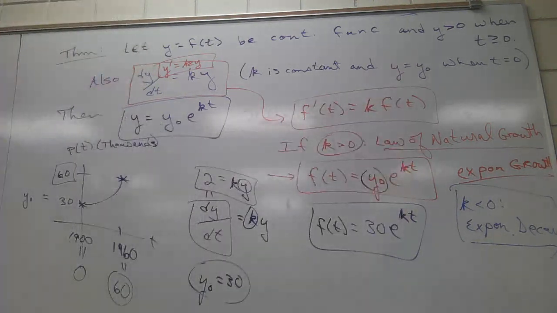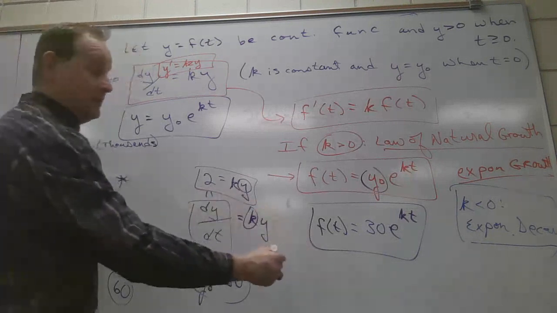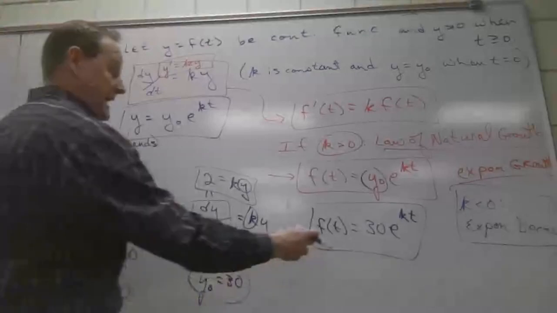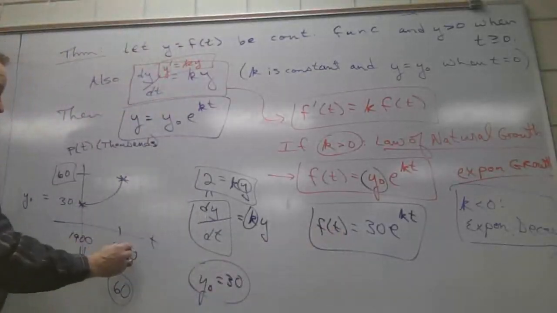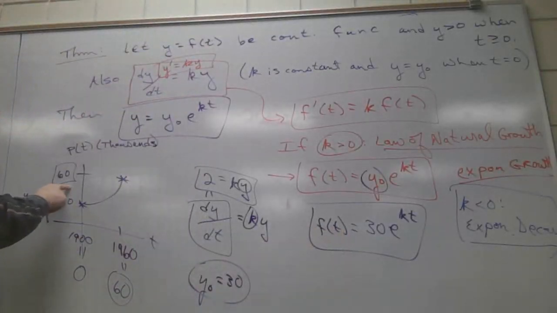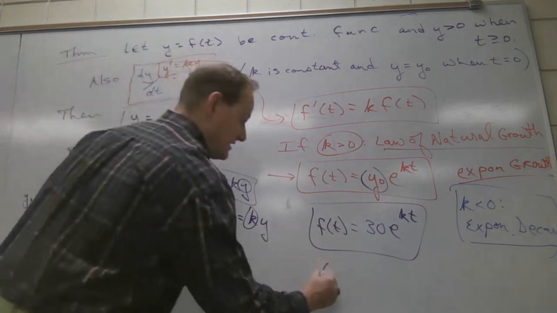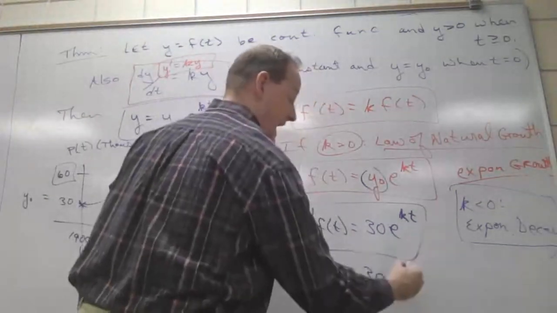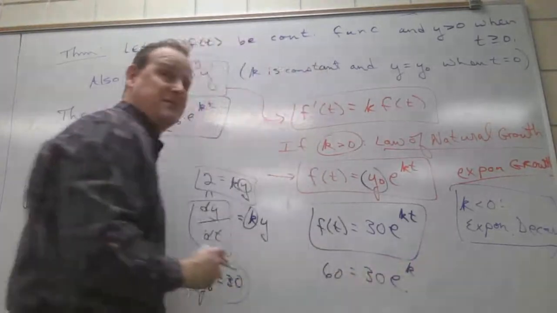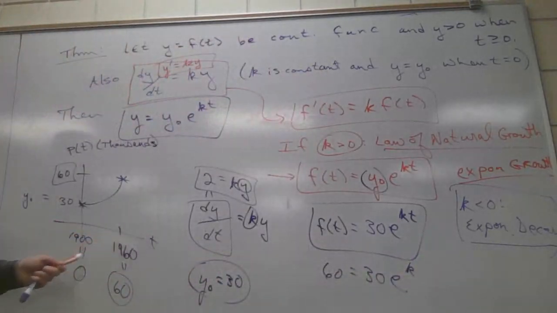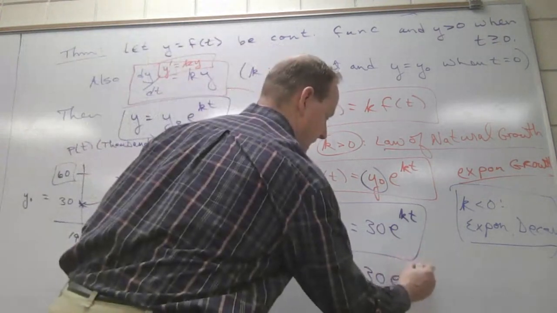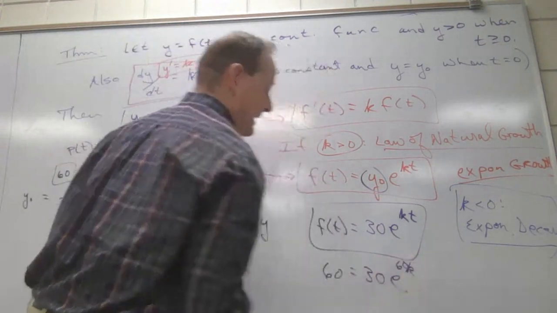So we need to figure out k. F evaluated after 60 years was 60,000? So 60 equals 30 e to the k times t. How many years was that? 60. So e to the 60k, right?